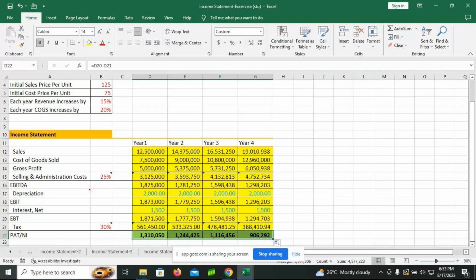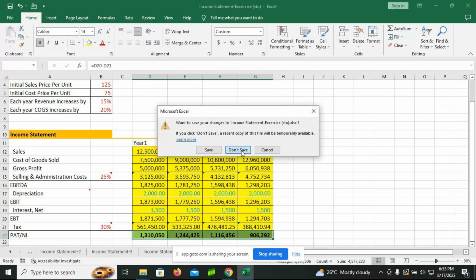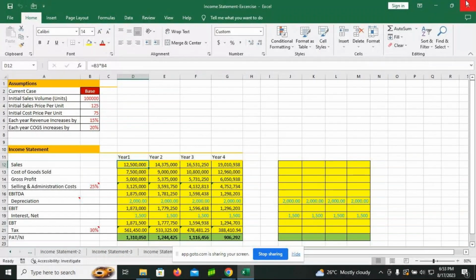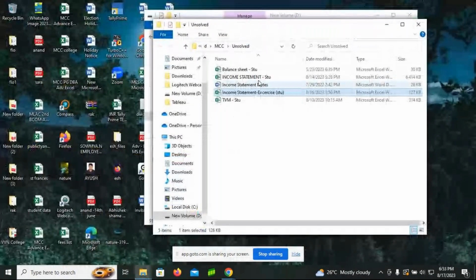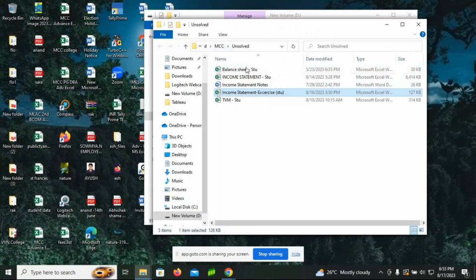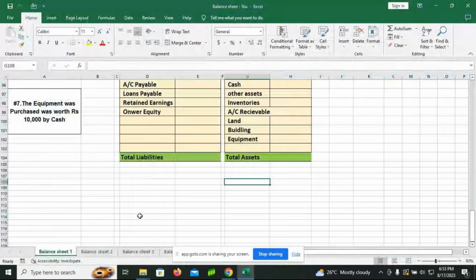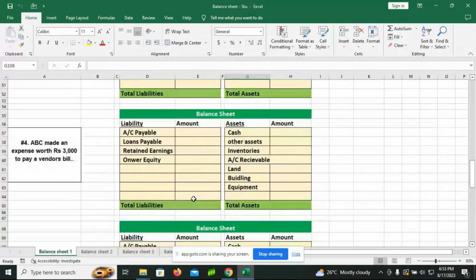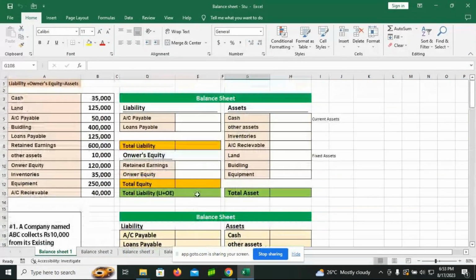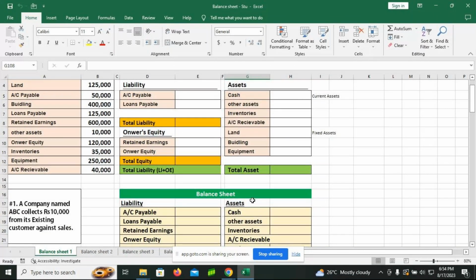Okay, let's start with the balance sheet. Okay, so here we have to do the calculation based on the values that is given, and based on the scenarios I have to make the adjustments in my balance sheet.